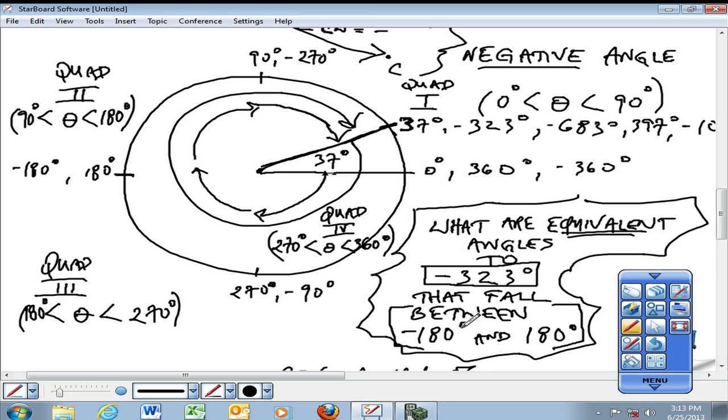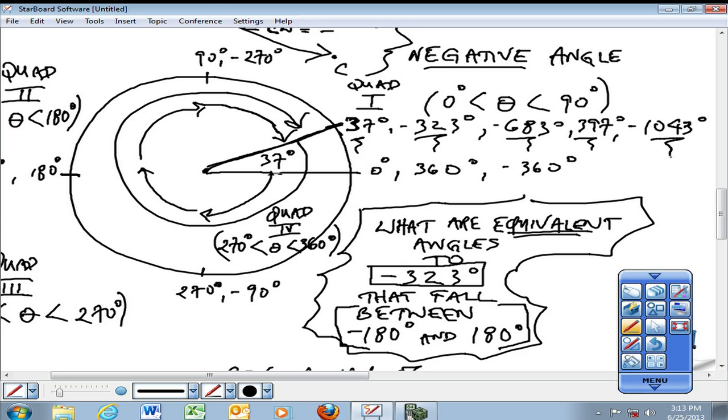So you look at all the possibilities, and again, this isn't all of them. Remember, you just add or subtract a revolution, and you can keep coming up with bigger and bigger, more positive or more negative values. But of all of these options thus far, what meets this criteria? Only 37 degrees.